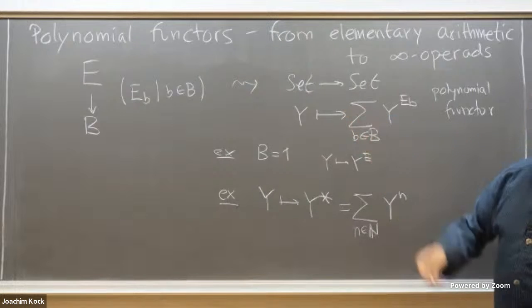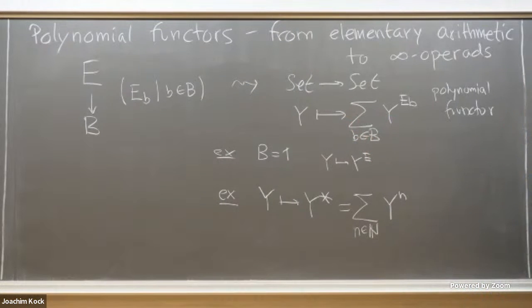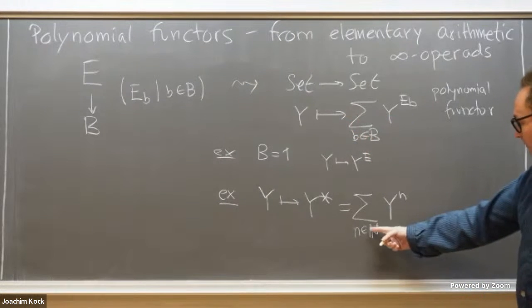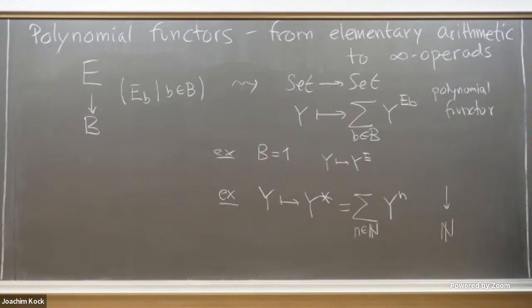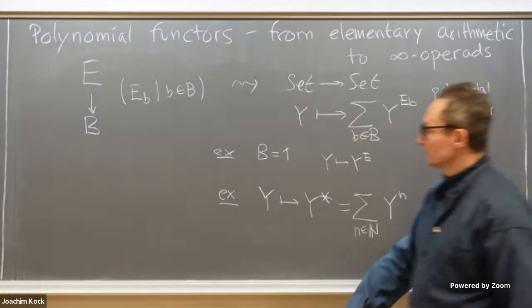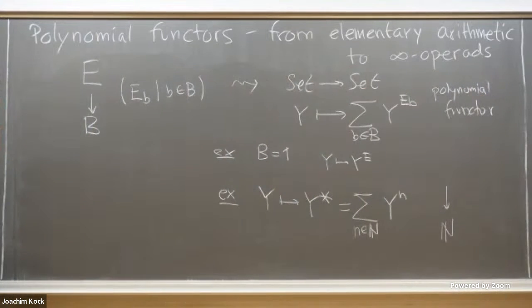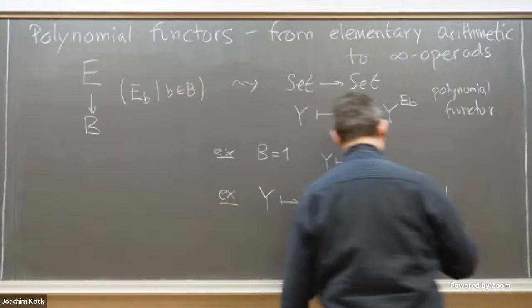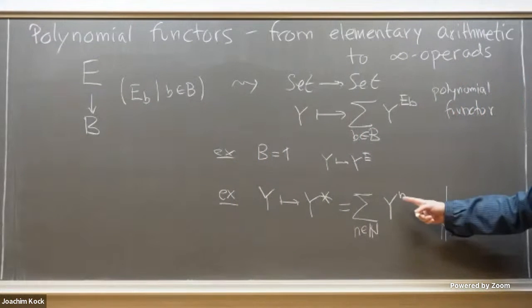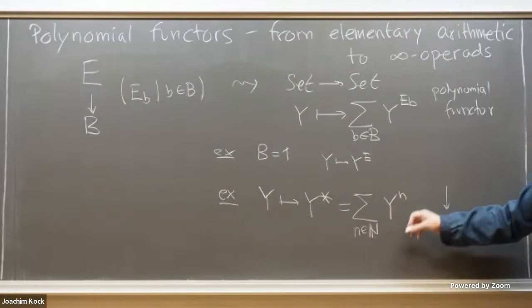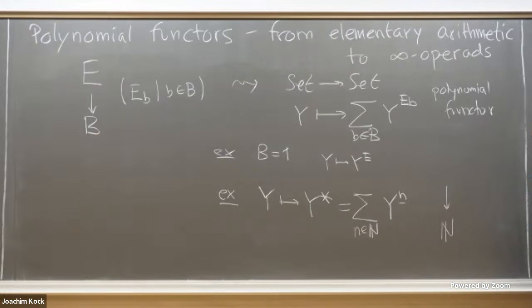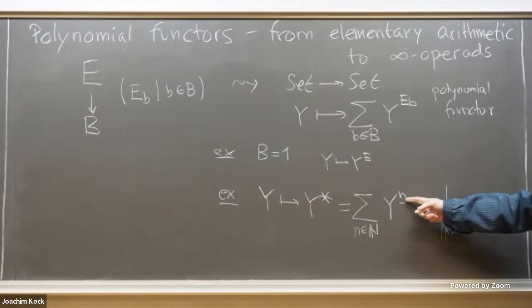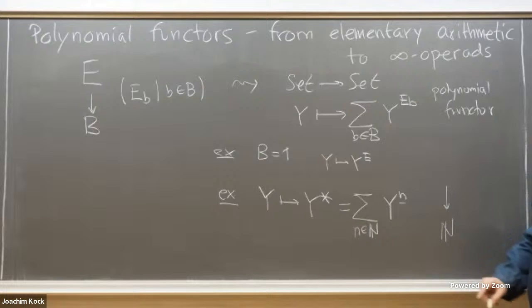But let's see more explicitly what is the family or map that represents it. So we are summing over the natural numbers, so the base should clearly be the natural numbers. Then we need to find the total space, and what we see from the description here are the fibers. So instead of having these n's that look like they're numbers, let me put an underline to stress that this is now a set. So I need to construct a family here whose fibers are sets with that many elements.